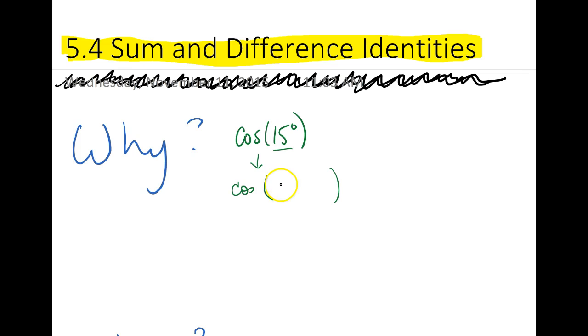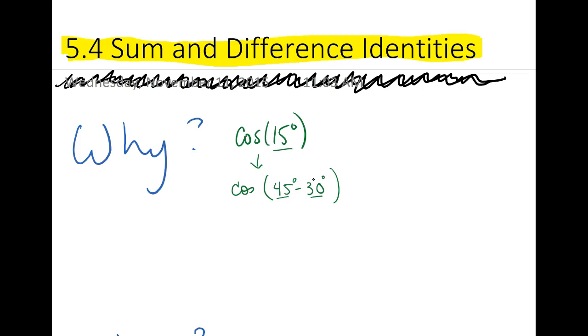Okay, well, if you chose 90 minus 75, you might know the cosine of 90 degrees, but you don't know the cosine of 75, so that's not going to help you. But if you picked two angles, like I'm thinking 45 minus 30, okay, so I just picked two angles that I do know on the unit circle, and those come together and make 15.